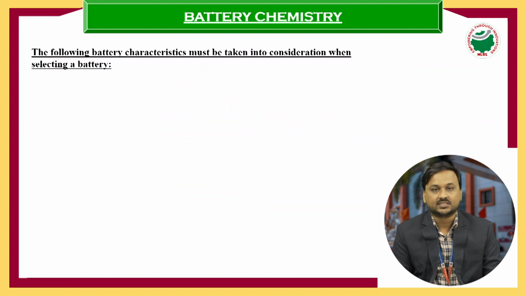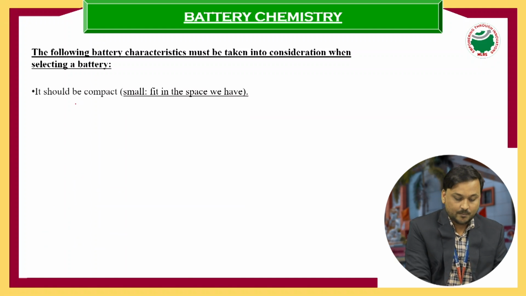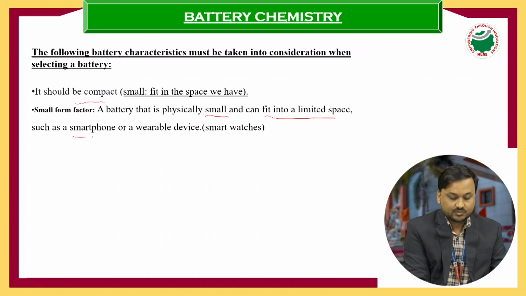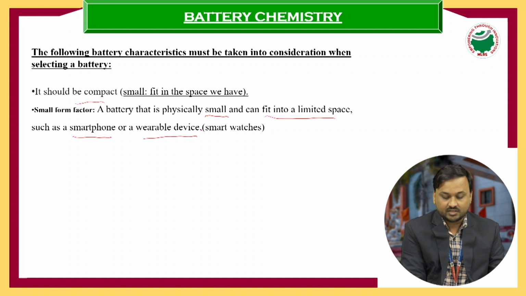Next, some of the characteristics for the selection of good batteries. It should be compact. Compact means small, fitting in the space we have. That means the battery is physically very small and fits into a limited space, for example in smartphones or wearable devices.